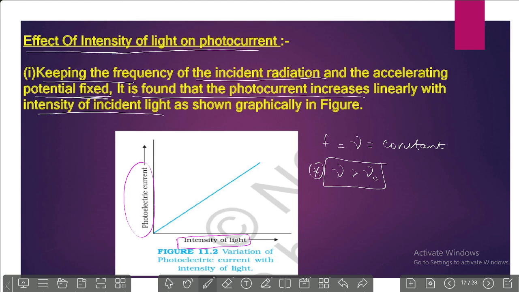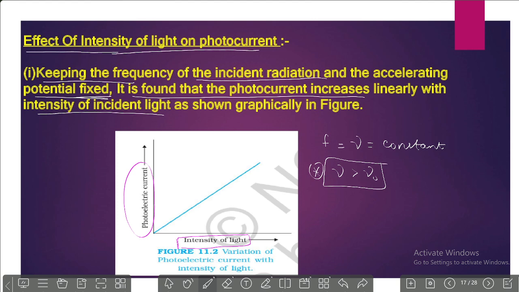Note it down. Completed. The graph is coming linear. You can draw the graph and then explain it yourself, right?